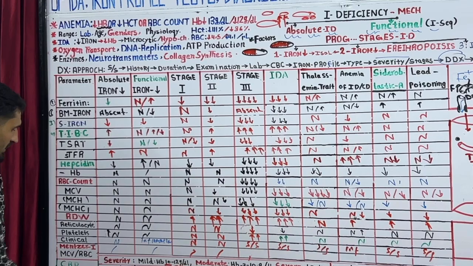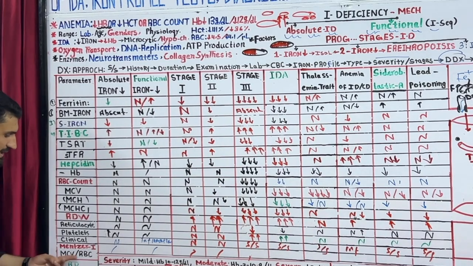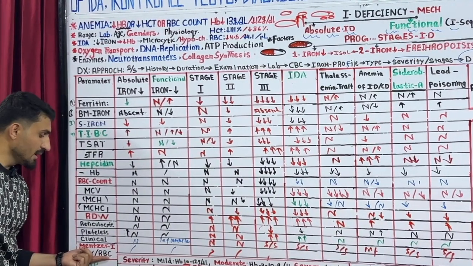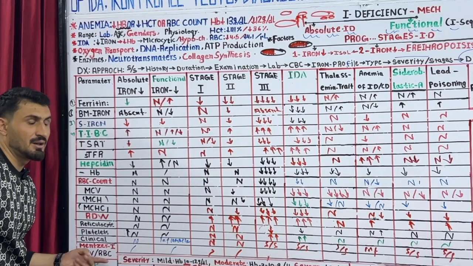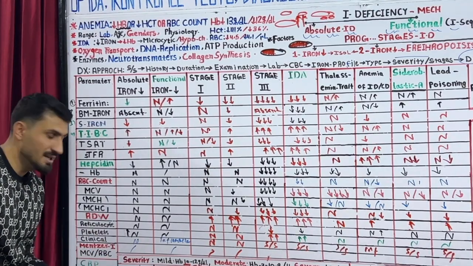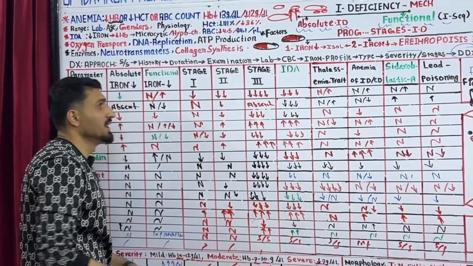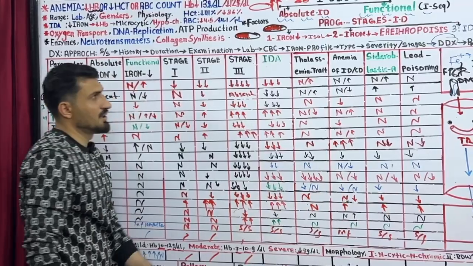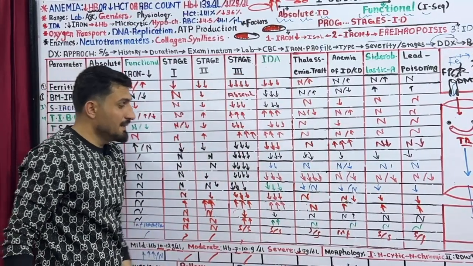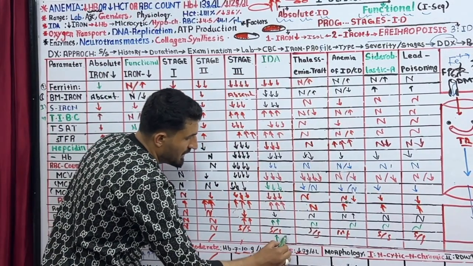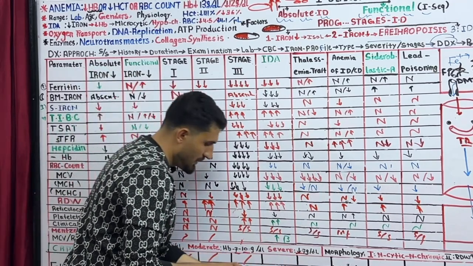Okay. Here is one point about the Mentzer index. It means we divide the mean corpuscular volume by the RBC count in millions. For example, the mean corpuscular volume is around 70 femtoliters, and we divide it by the RBC count, for example around 4.5 or 5 million. If the result which comes out is greater than 13, most of the time it's thought to be iron deficiency anemia.